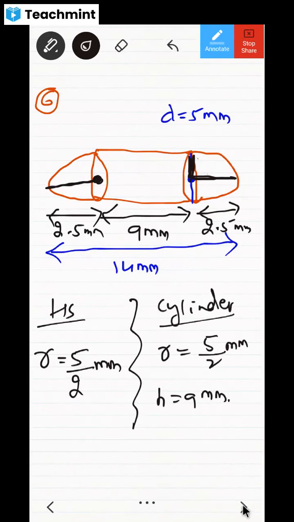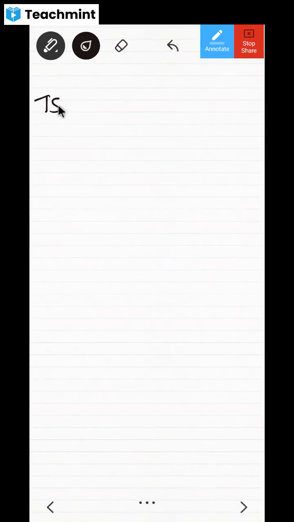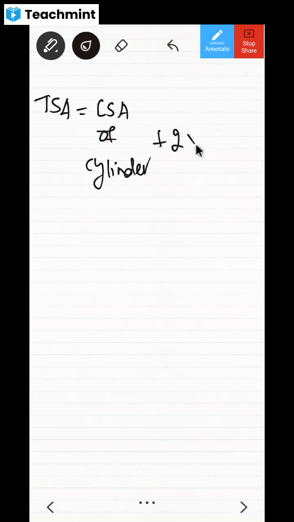Now, what they're asking is the total surface area. So the total surface area of this capsule is equal to the curved surface area of the cylinder, plus 2 into the curved surface area of the hemisphere, because two hemispheres are there.